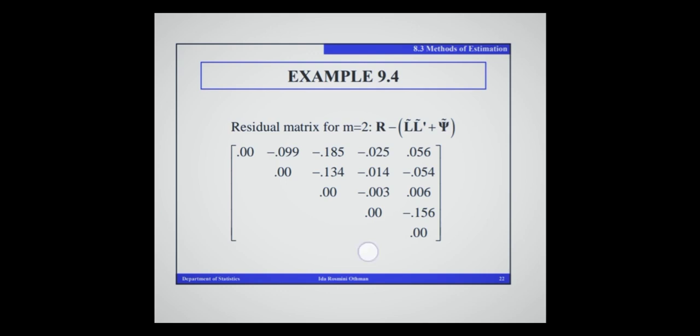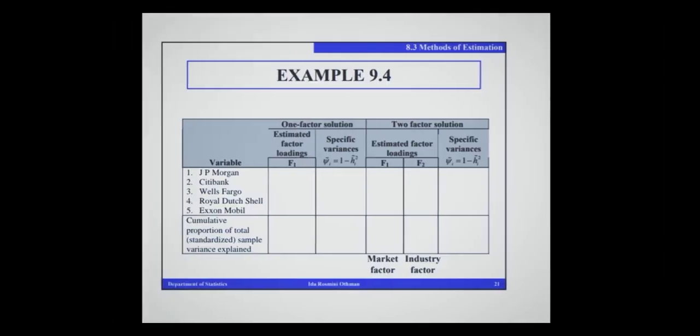Okay, so the value is quite kecil lah kan. Ataupun boleh juga kita gunakan residual matrix ni untuk kita compare. Let's say you nak check untuk first satu factor saja kan, untuk satu factor saja.